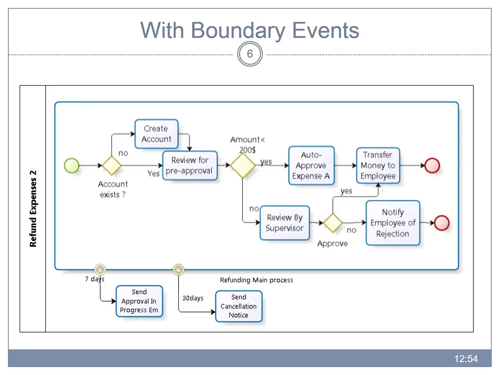But then after 30 days you have an interrupting event that interrupts this entire normal path and sends the cancellation notice. So you obtain the same logic, but you have a better distinction between, on the one hand, the normal flow and then the interruptions that can happen, or the things that happen according to certain timings on top of this normal flow.